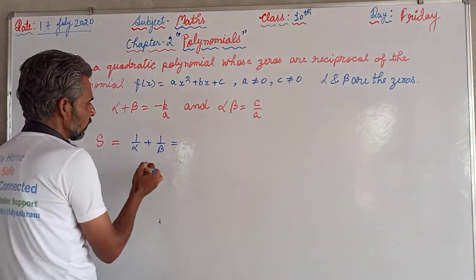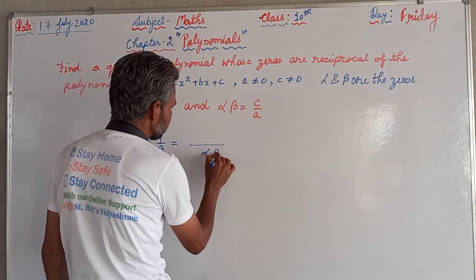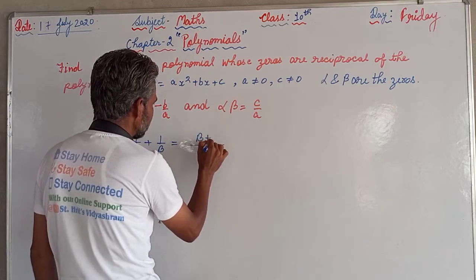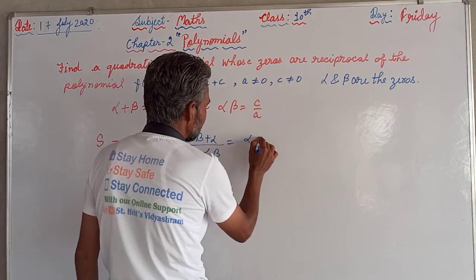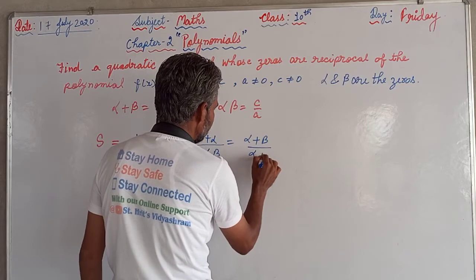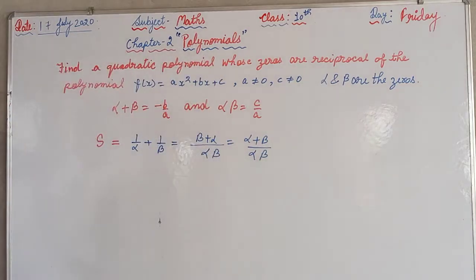1 upon alpha plus 1 upon beta is equal to (alpha plus beta) upon alpha beta. That will be the sum of the zeros of our new polynomial.